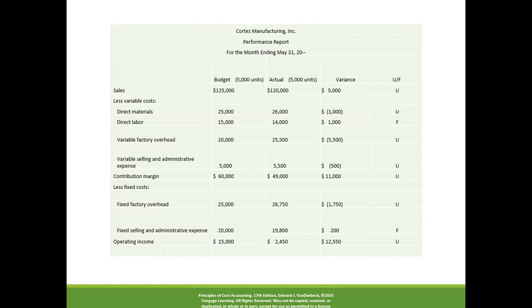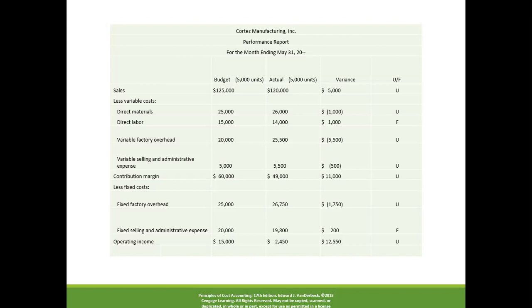We expected the cost to be 25, and it was actually 26. Direct labor on this one, budget was 15,000, actual was 14,000. That is a $1,000 variance, and that one is favorable, because we expected to spend 15 and we only spent 14.